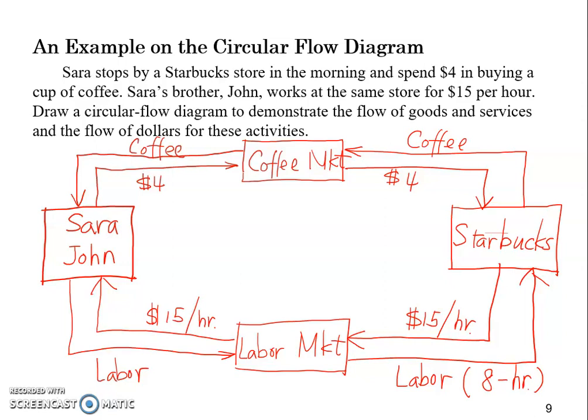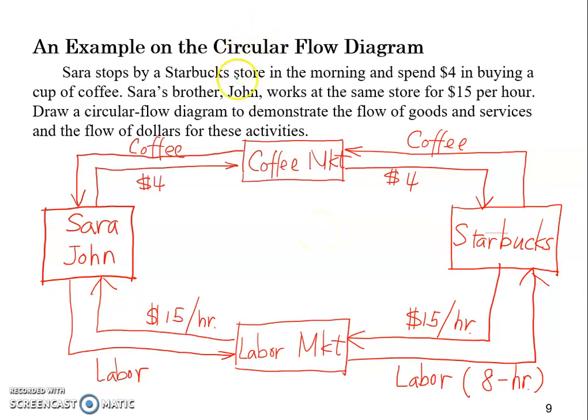In other words, you can put the household and firms vertically and the 2 markets horizontally. What matters here is the interaction among them, how they connect to each other.